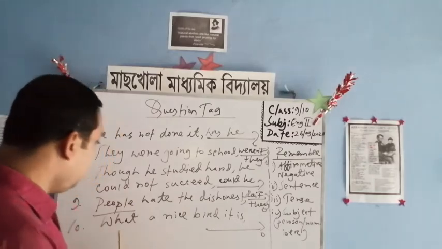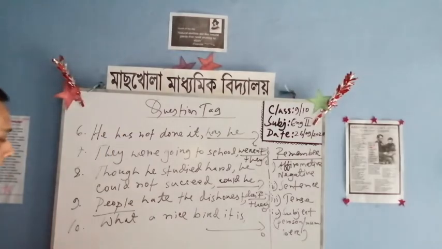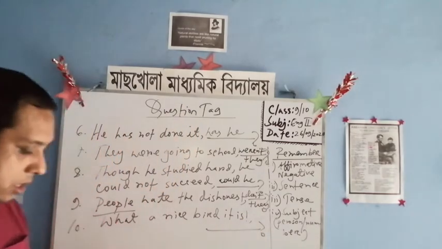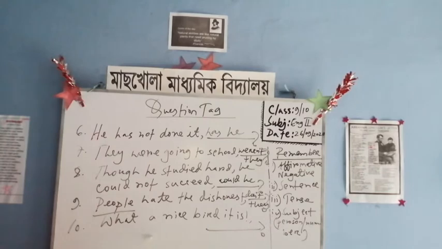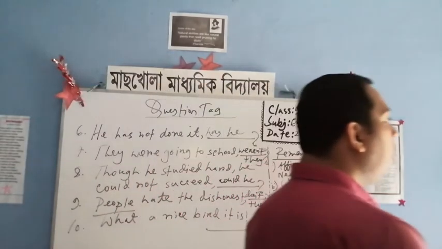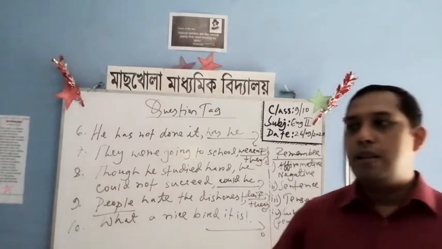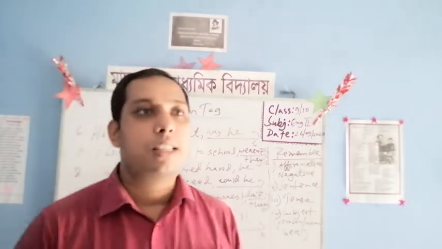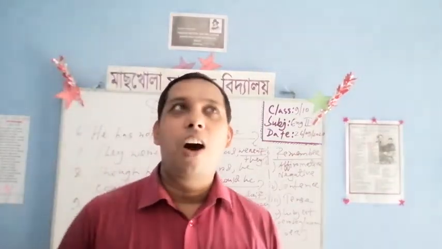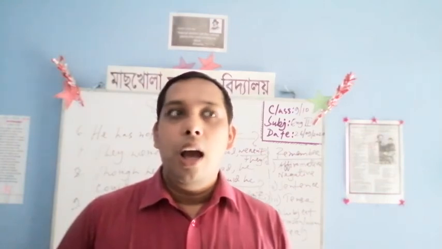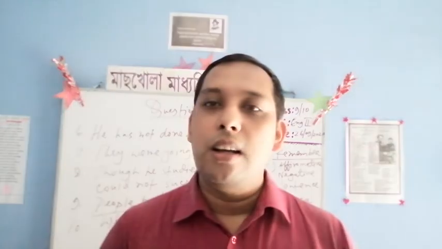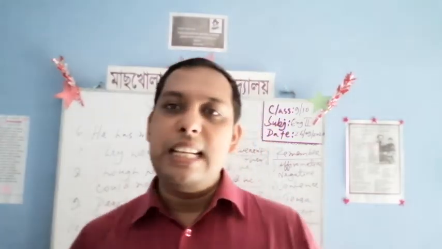Okay, look at problem number 10. What type of sentence is it? Can you tell me? This is an exclamatory sentence. We express our sudden feeling with this type of sentence. What a nice bird it is. Or we can say, how nicely he sings, or how nicely he drives, or how nicely he teaches.